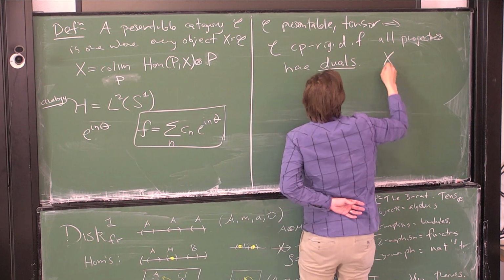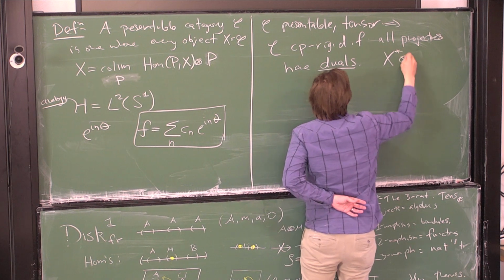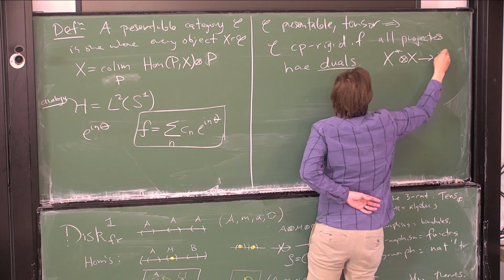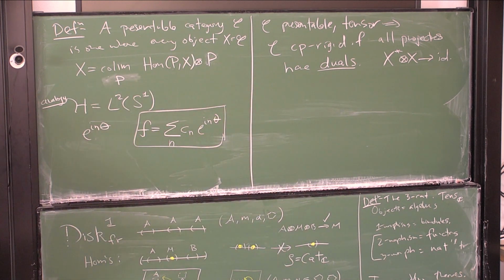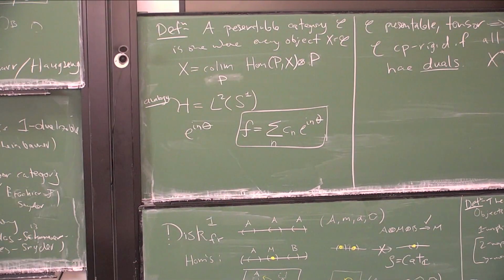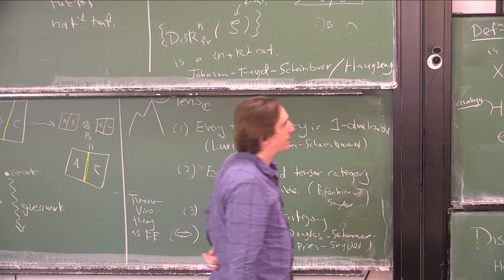So remember, dual just means that you literally have evaluation, co-evaluation. So when we work with finite categories, you ask somebody what a rigid tensor category is, you just say that every object has duals, and that's fine.